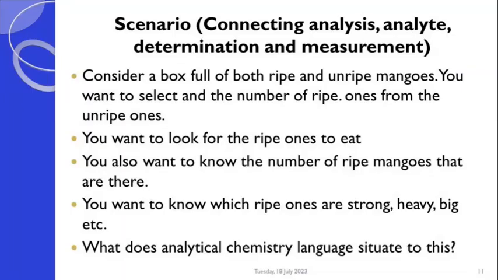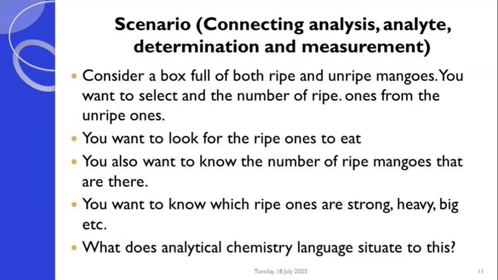Now let us consider this scenario in order to connect the terms that we have done so far. We assume that we have a box full of mangoes. Some of them are ripe, others are unripe. Our main goal is to select and count the number of the ripe ones that are in the box.